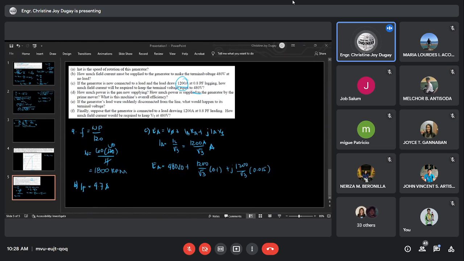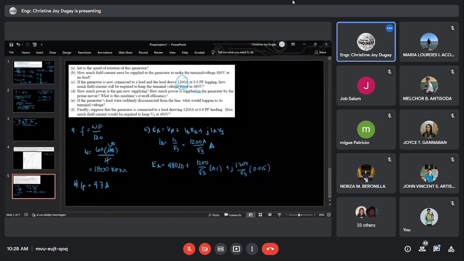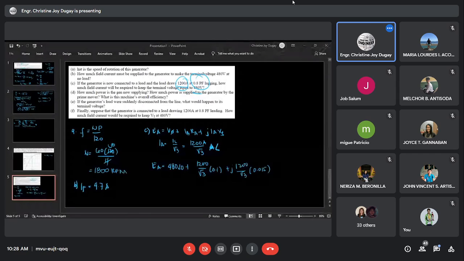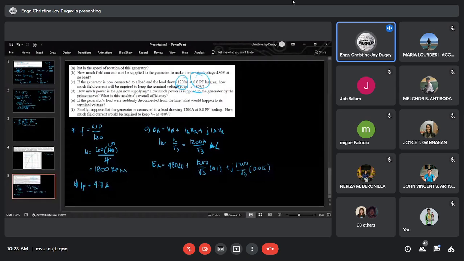But then, I'd like to ask, what is the angle of our current? Ang angle po ng current po natin, back tayo sa current, is based on the power factor. Since that is lagging, is it negative or positive po ang angle po natin sa current? That is negative since that is lagging, no?